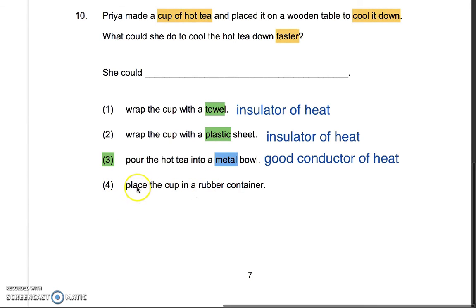So same thing, place the cup into a rubber container. Because rubber is actually a poor conductor of heat, or an insulator of heat, it is also going to retain the heat and prevent the cup of tea from cooling down faster. Alright, so the correct answer should be 3.